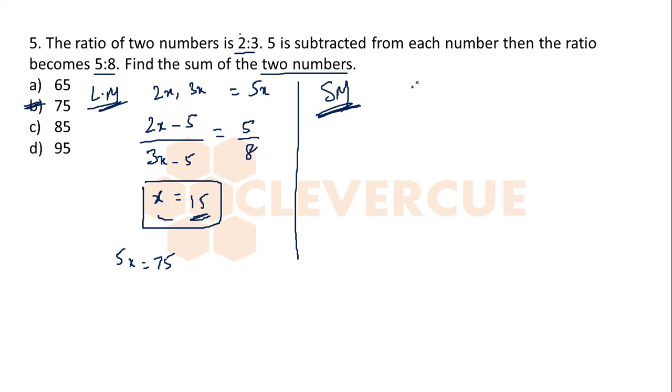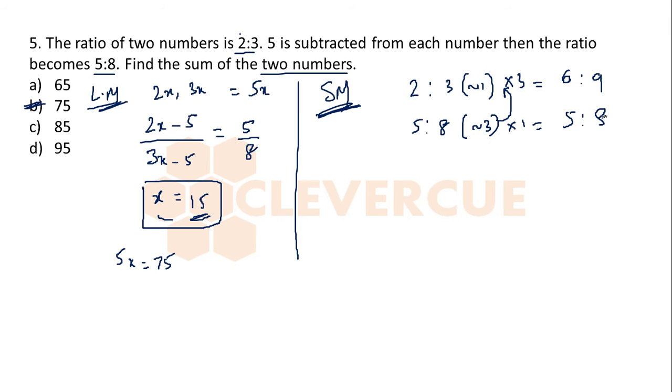Now let us see. Write these two ratios, 2:3 and 5:8. Here the difference between them is 1, and here the difference between them is 3. Now multiply this with 3 and multiply this with 1, so that you will get a new ratio, that is 6:9 and 5:8.